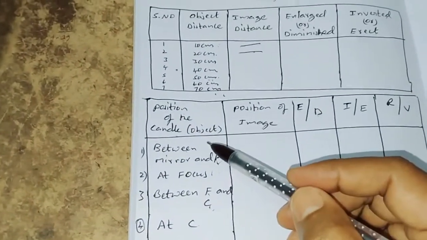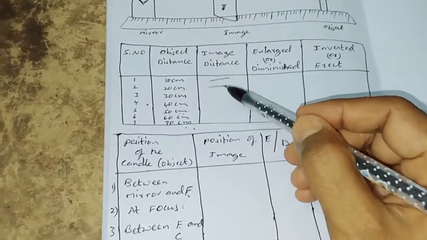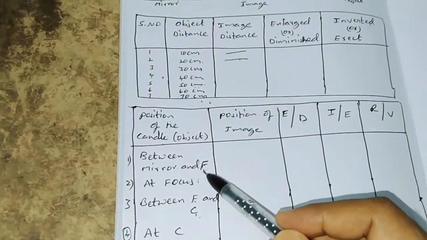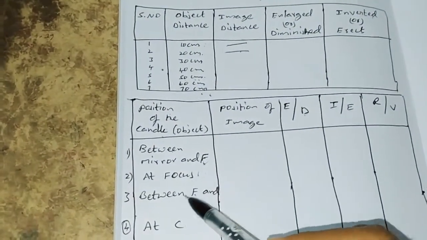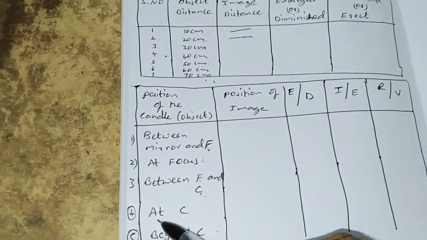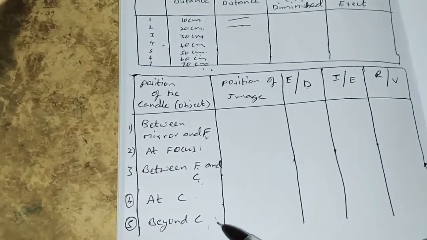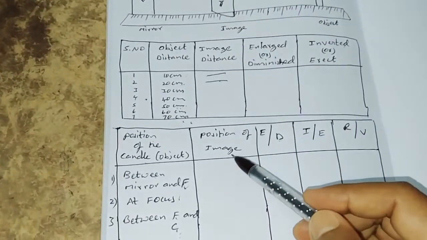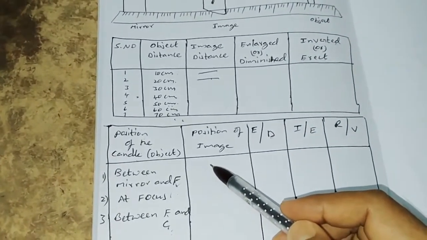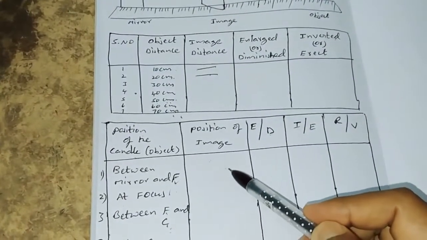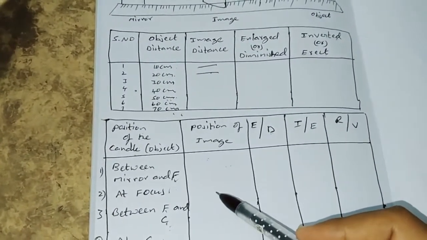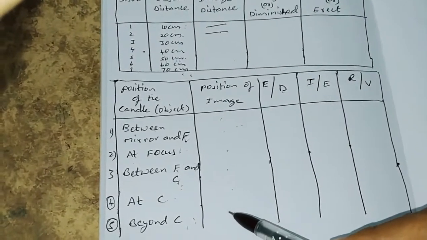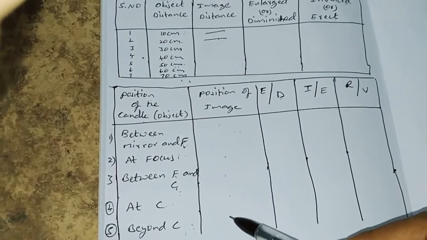So like this we can rearrange the first table into the second table. So between mirror and focus, at focus, between focus and center of curvature, at center of curvature, and beyond center of curvature. Then you can identify the position of the image also. So will it lie in between mirror and focus, or at focus, or in between focus and center of curvature, or at center of curvature, or beyond center of curvature?